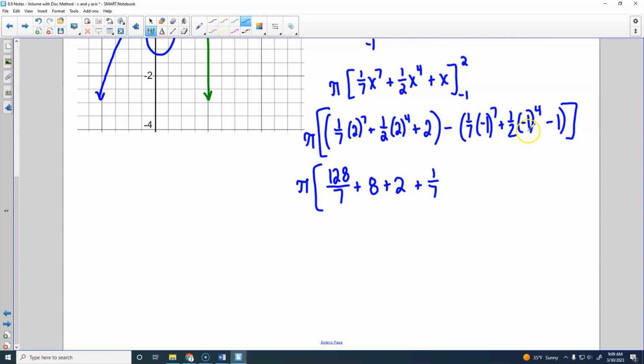You'll get here a -1/2. It's positive, but then you distribute this negative to it, which makes it negative, and then you'll get a +1. So that's going to be 129 over 7. We got 10, 11, minus 1/2.